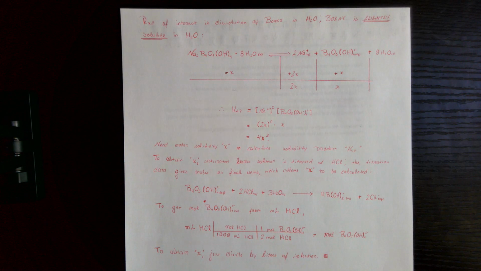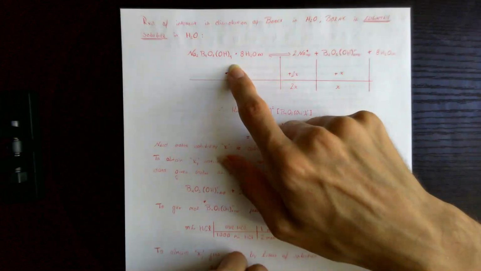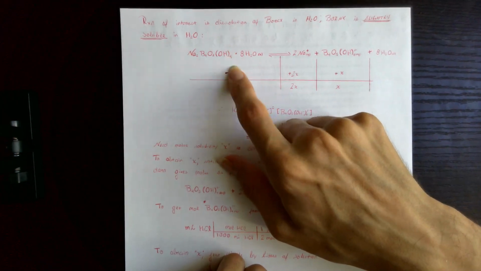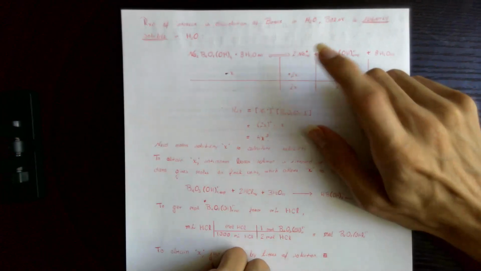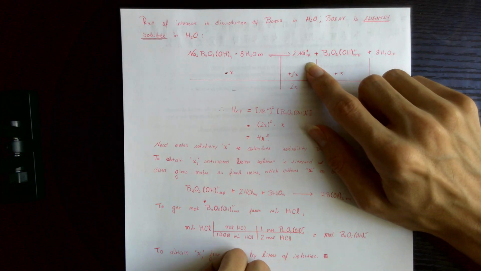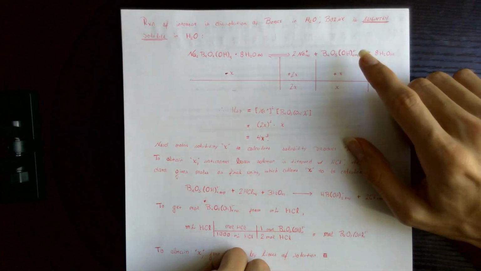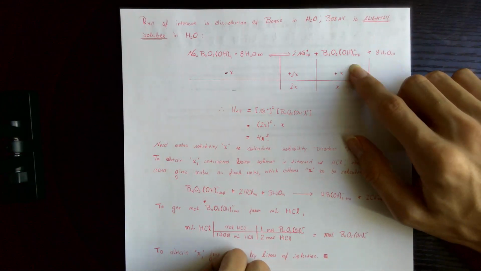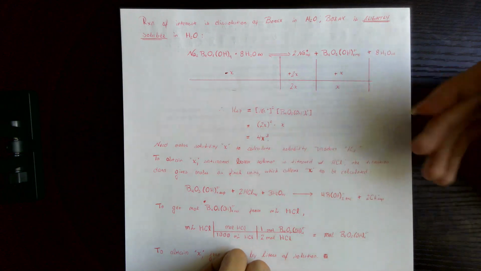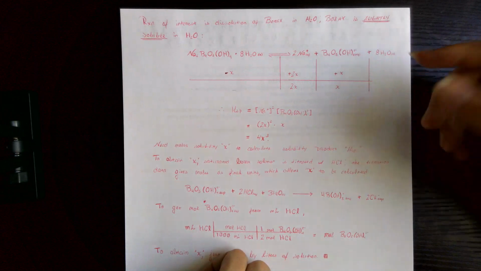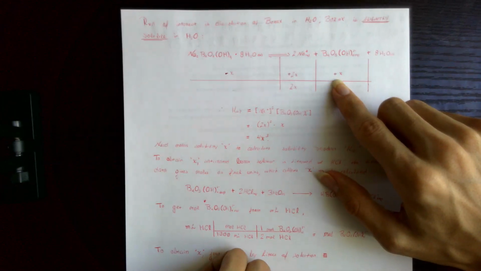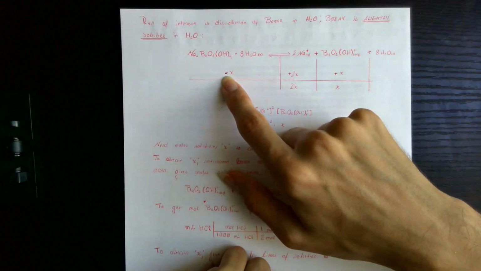So the solution becomes saturated very quickly, and for every mole of borax that dissolves, you end up with 2 moles of sodium cations, but you also end up with a mole of triborate anion.